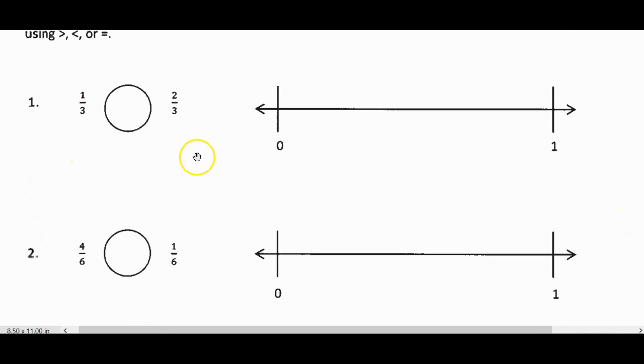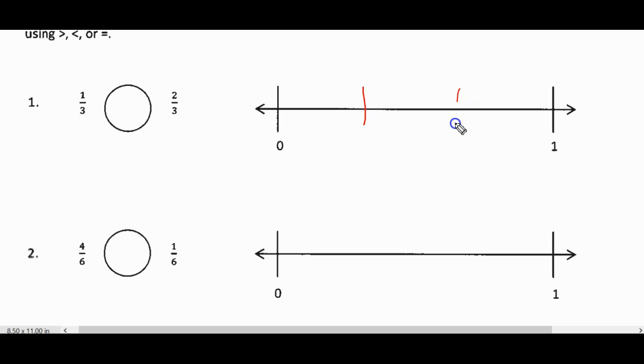It says 1/3 and 2/3, right? So how many sixes am I gonna need? 3. My denominator tells me how many sixes I'm gonna need. 3. Okay, so divide into thirds like this. Hey, don't do it like this, because they're not really the same size, are they?